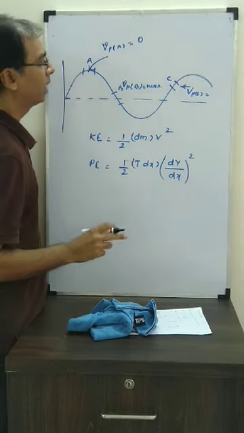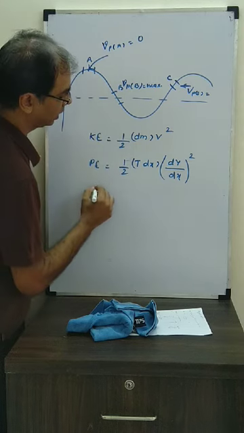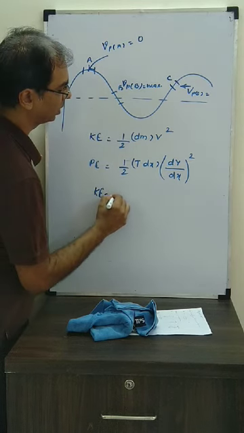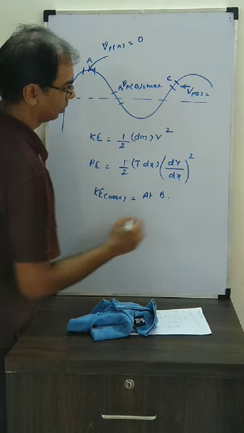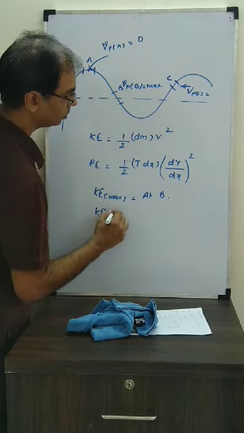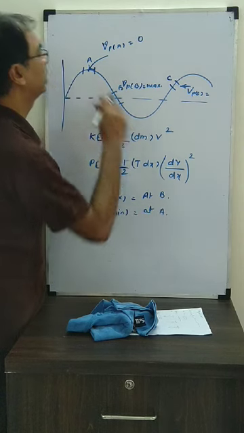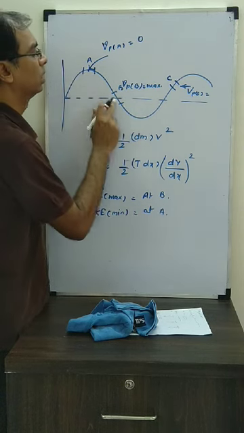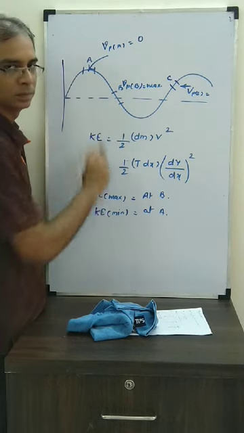Alright, so where is kinetic energy maximum? No doubt at B. Kinetic energy is maximum at B, minimum at A. There is no doubt about that. Why? Here velocity of particle is 0, here velocity of particle is maximum. This is at mean position, this is at extreme. Okay.